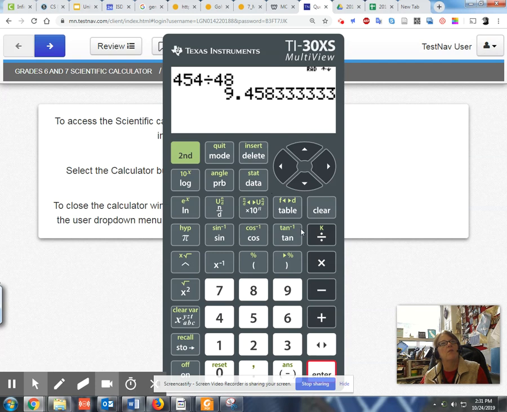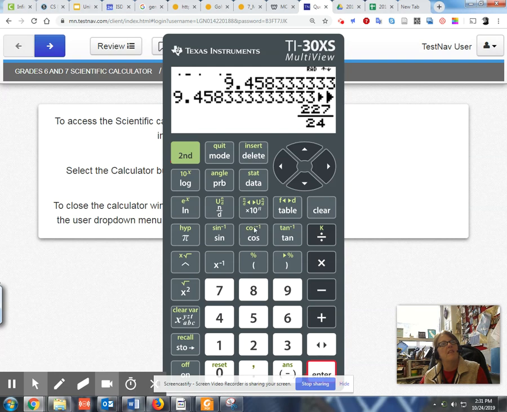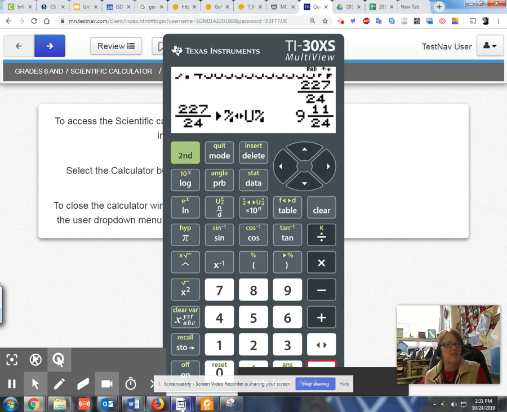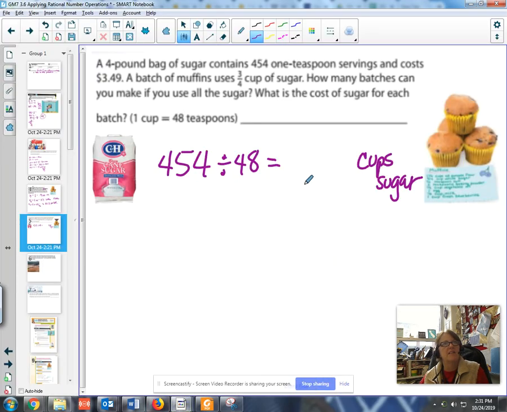9.4583 repeating. Gross. What is that as a fraction? That's the fraction. What is that as a mixed number? Blah. 9 and 11/24. Okay. 9 and 11/24 cup of sugar. I'm going to use that information just a minute.